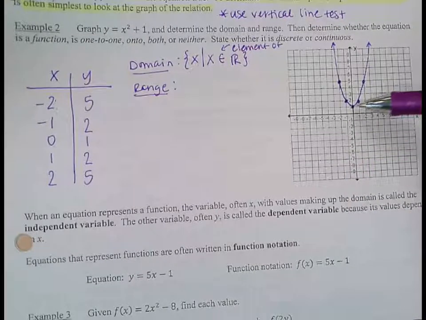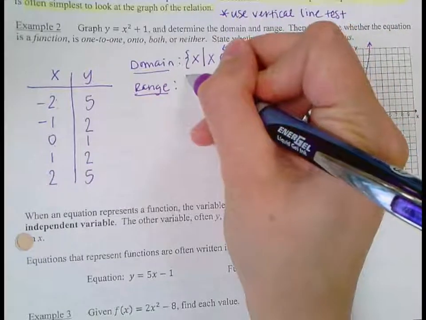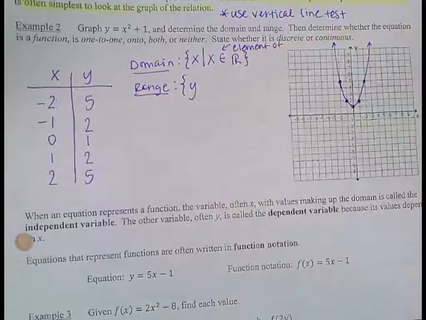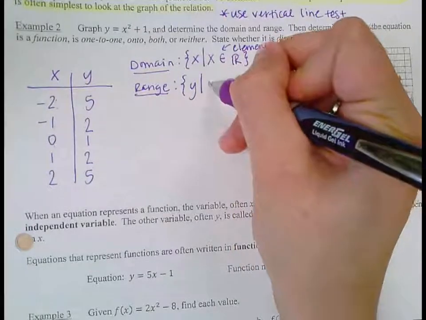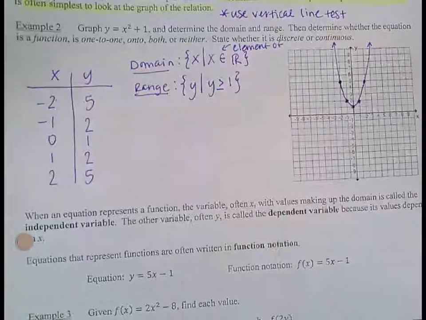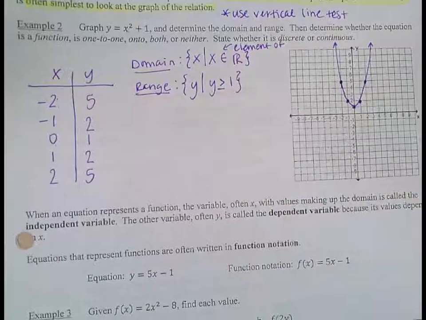So all your y values have to be 1 or higher. So in set builder notation, it would be the range is the set of all y values such that y has to be greater than or equal to 1. If you just had the inequality, again, that's okay for this part.